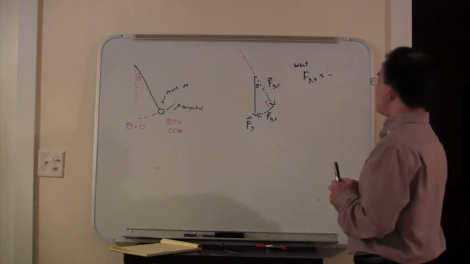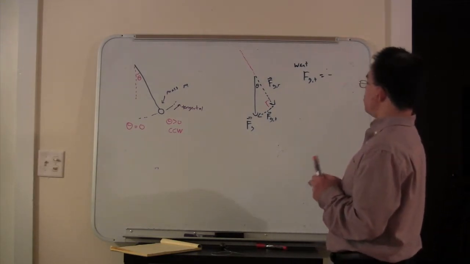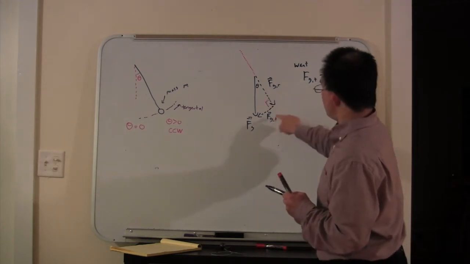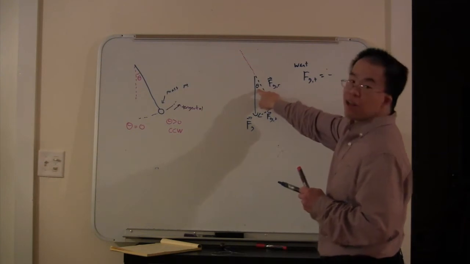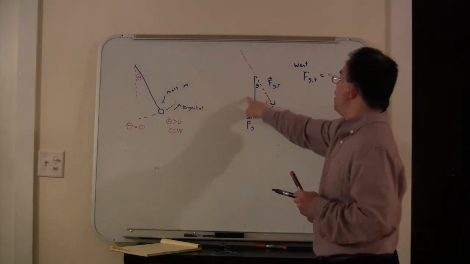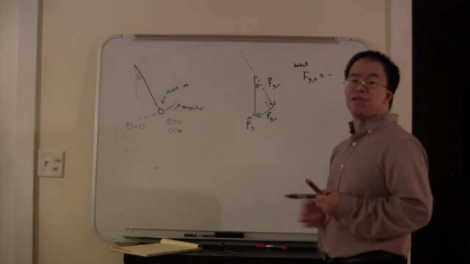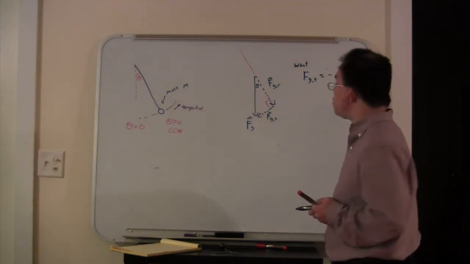And we can get that with a little geometry. Notice that we've got a right triangle. The length of this side is opposite my angle theta, and my gravitational force vector is the hypotenuse here.